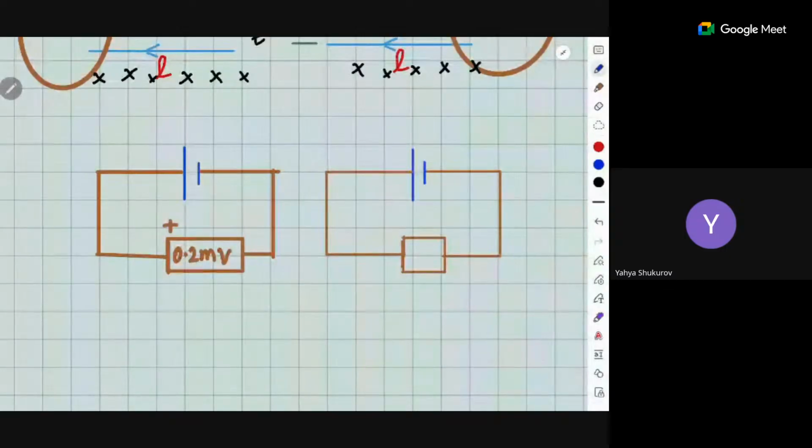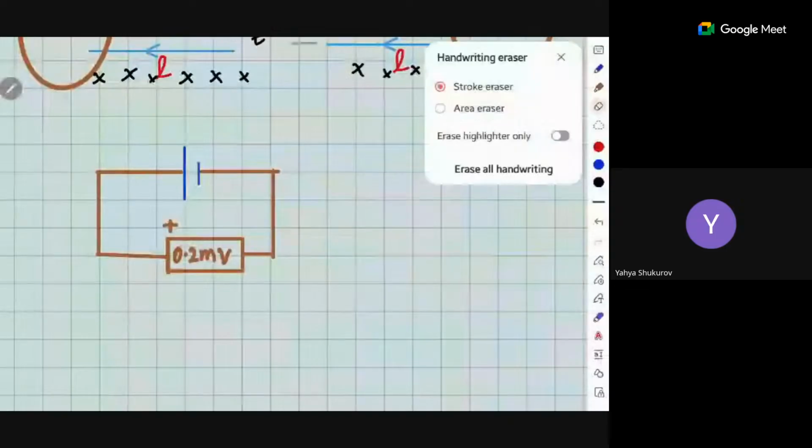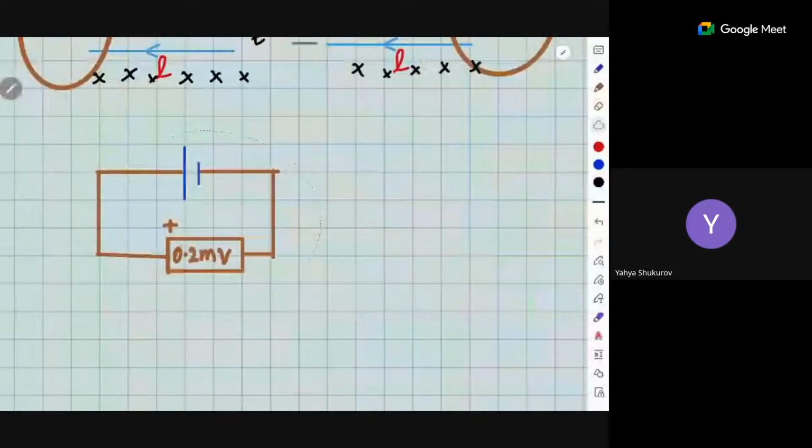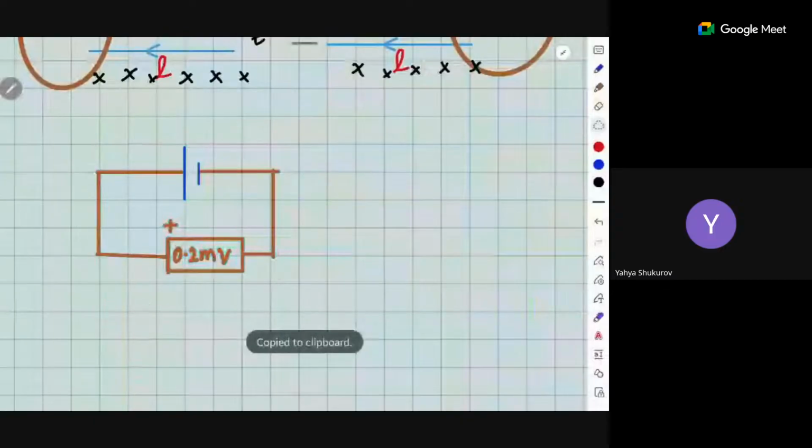Same, same. Guys, same, because you have not changed the terminals, you have not reversed the terminals.